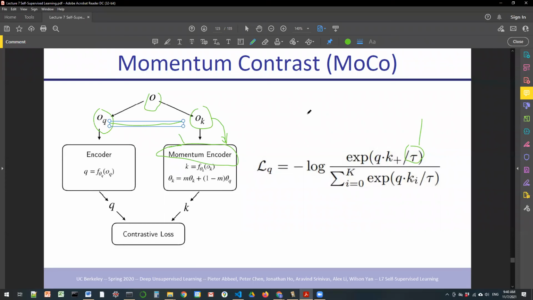Now, if you're using a mini batch, you're constrained. Obviously we want to use one positive, but you're constrained to using only the size of the mini batch if you're using negatives from that mini batch. So that means you are dependent on the size of the mini batch for the quantity of negatives you can use in the optimization, which then leads to having to use a large mini batch.